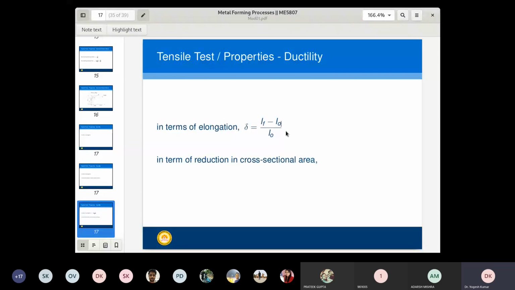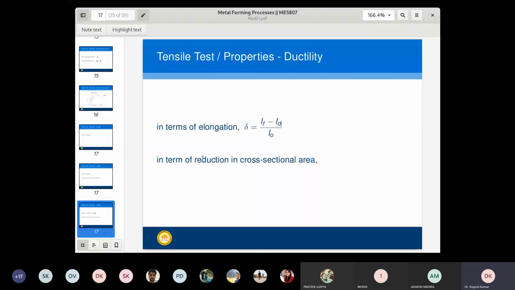If we multiply it by 100, it will give you percentage change in length. So it is given in terms of percentage elongation; it should be multiplied by 100, otherwise it gives only elongation.